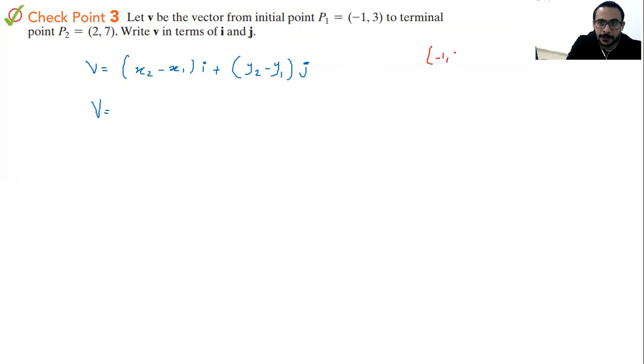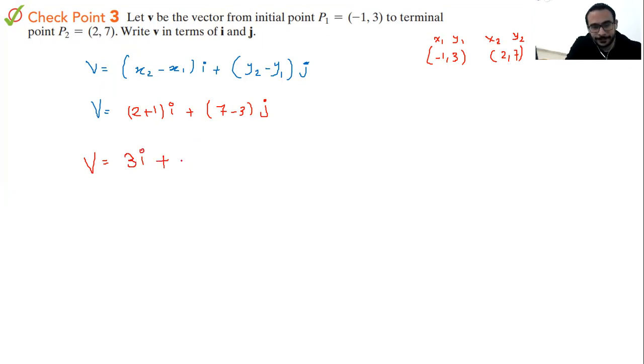You have two points in here, 1 and 3, and the other point 2 and 7. So 2 minus 1 I plus 7 minus 3 J. 2 minus 1 is 1, so V equals 1I plus 4J.